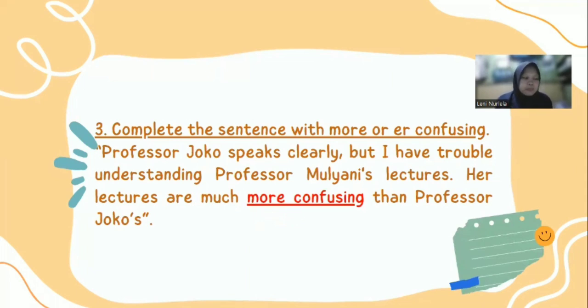Because the adjective "confusing" has 3 syllables. The rule of the comparative is that if the adjective has 3 syllables or more, we use the word "more."